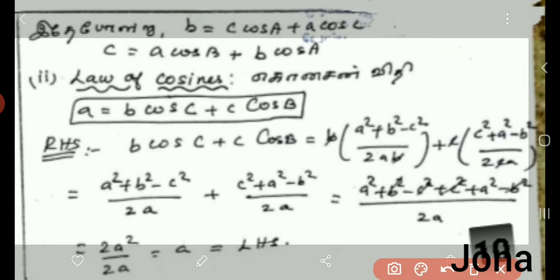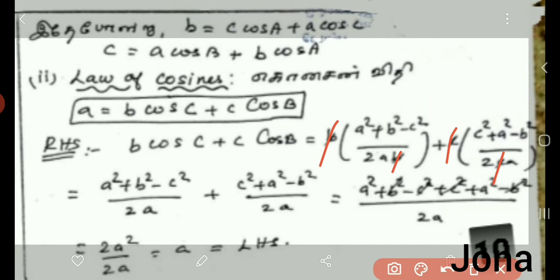The next division, derive the law of cosines. From this we want to take a equal to b cos C plus c cos B. I want to take the right hand side here, that is b cos C plus c cos B. Here instead of cos C we can substitute a square plus b square minus c square by 2ab, plus c into, instead of cos B we can substitute c square plus a square minus b square by 2ca, and then I can cancel this b and b here and this c and c here.